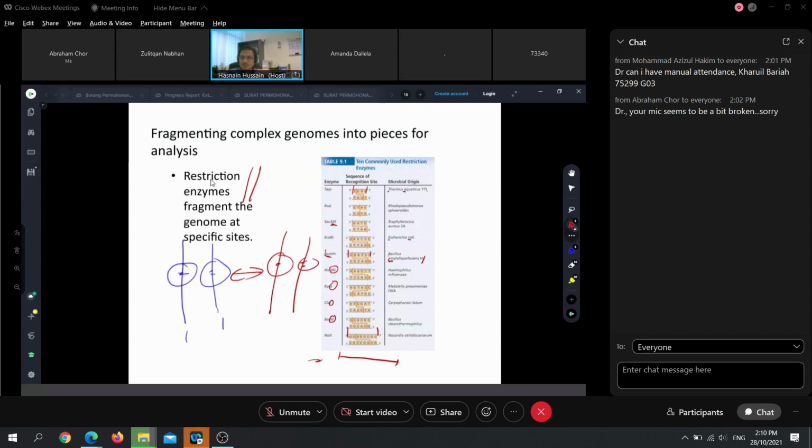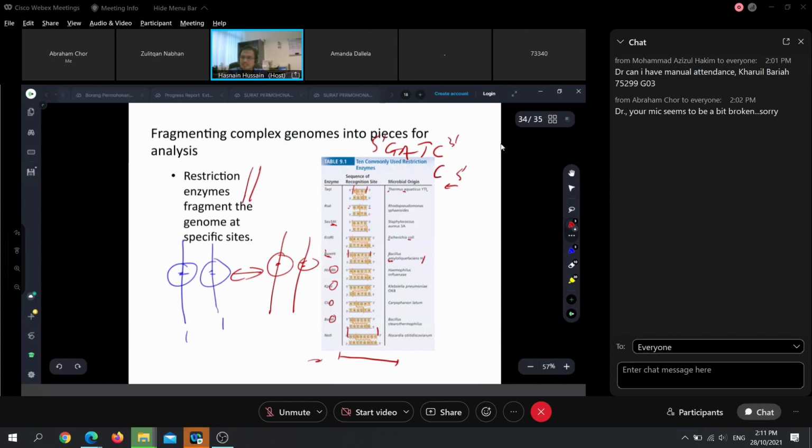So if you read from 5 prime to 3 prime, in this case you read G, A, T, C. And then you read the other way on the complementary strand, also from 5 prime to 3 prime.